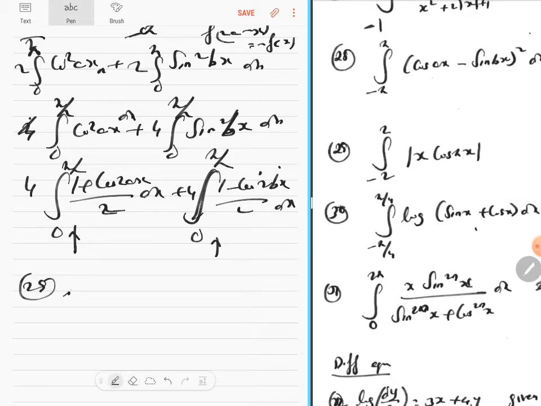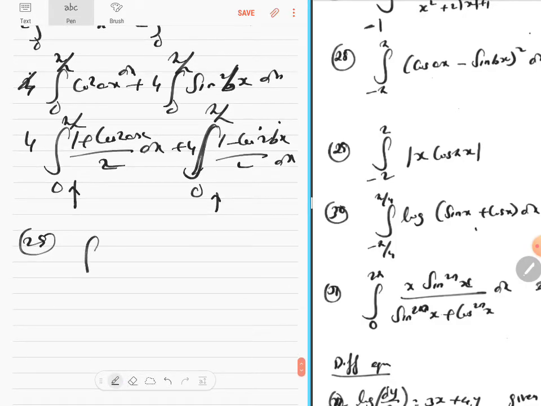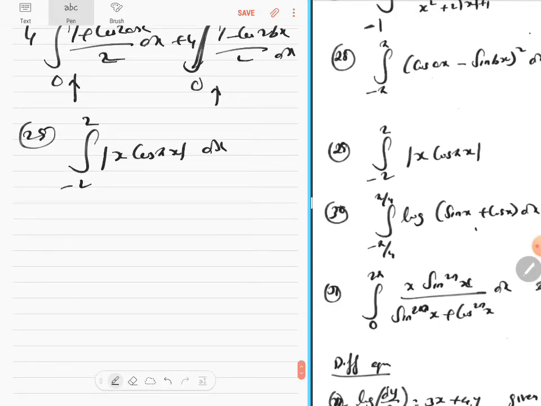The 29th question is minus 2 to 2 of mod of x cos pi x dx. I told you, when we did a textbook sum, we did mod of x cos x sin pi x, where from minus 1 to plus 1 it's positive, and 1 to 3 by 2 it was negative.